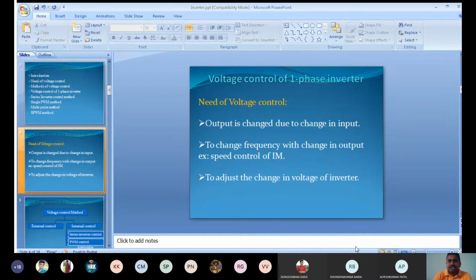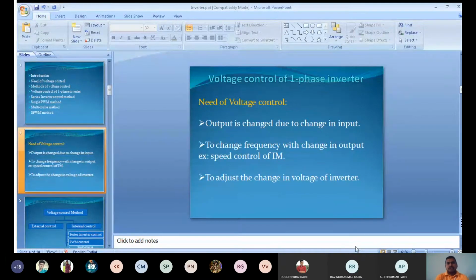If there is some change in the input voltage or input source, it will change the output of the inverter. So if the input is variable or there is interference in the input, the output will also change. If we want to keep the output voltage constant, we can control the voltage of the inverter.